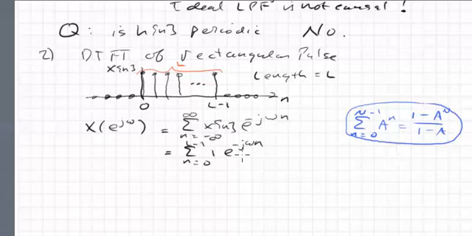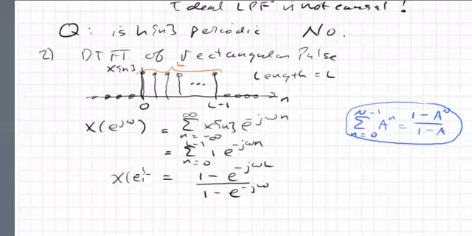Clearly, if a is e to the minus j omega, we can just invoke this directly, and we get 1 minus e to the minus j omega L over 1 minus e to the minus j omega. So that's the Fourier transform.